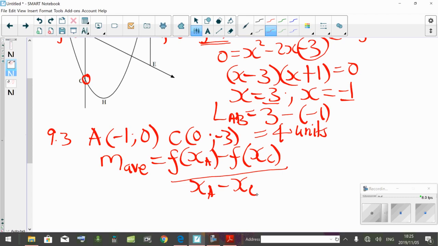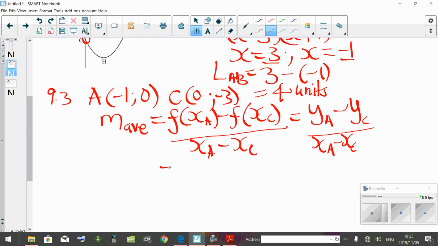This is just a fancy way of writing the value of y at A minus the value of y at C over xa minus xc, or the usual formula y2 minus y1 over x2 minus x1.